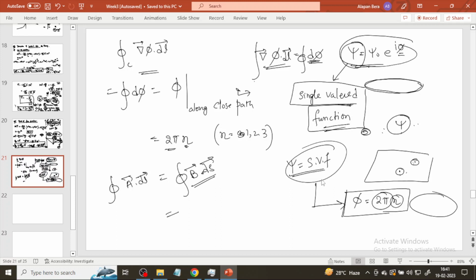The total magnetic flux that crosses this region, through this total path, can be given by this B dot dS. You already know this from electromagnetism, so we can write it as phi. This is the magnetic flux.